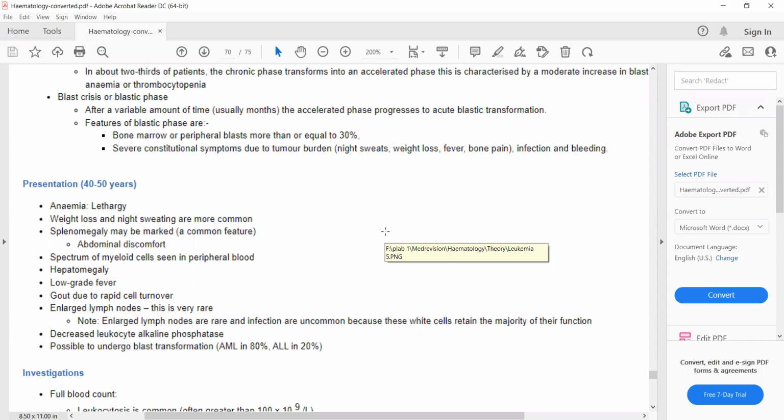So in lymphocytic leukemia, lymphadenopathy is common. So a high white cell count with no lymphadenopathy, the most likely diagnosis will be CML, chronic myeloid leukemia. And a high white cell count with lymphadenopathy, the diagnosis will most likely be lymphocytic leukemia.